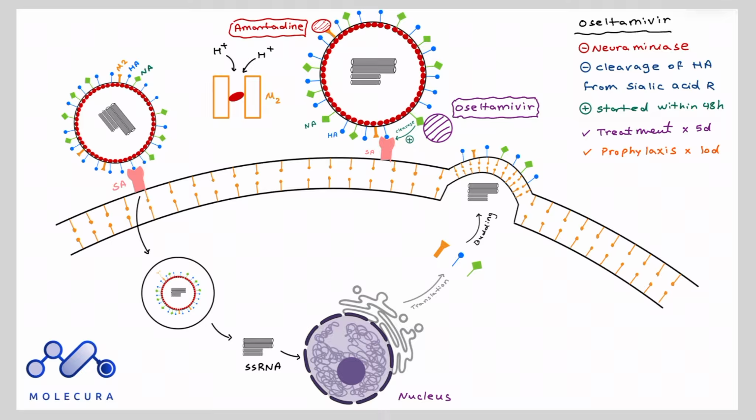So it needs to be started as early as possible, and this can be used as treatment or it can be used as prophylaxis on those who are in close contact with a patient who is diagnosed with influenza. By this, we have finished the mechanism of action of oseltamivir or Tamiflu.